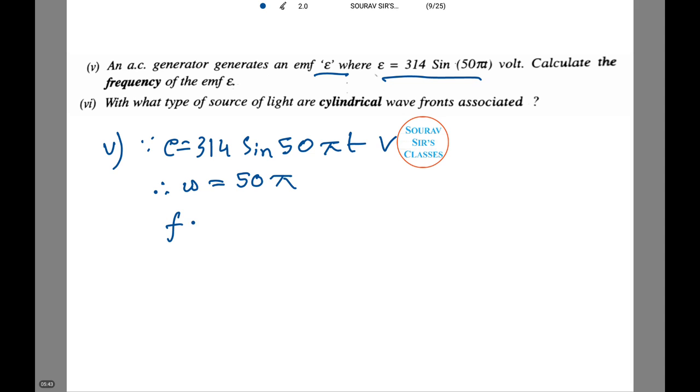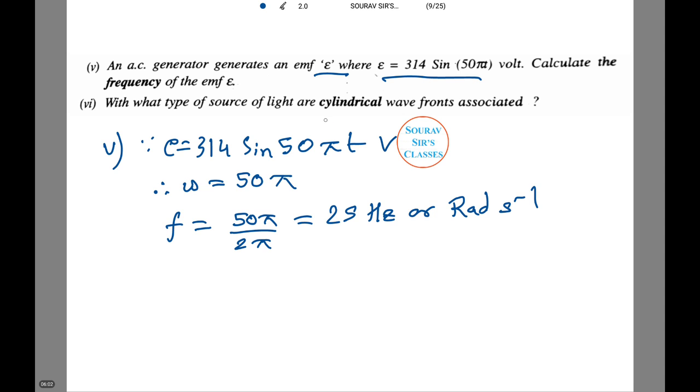Hence frequency f equals omega by 2 pi equals 25 hertz. Easy?